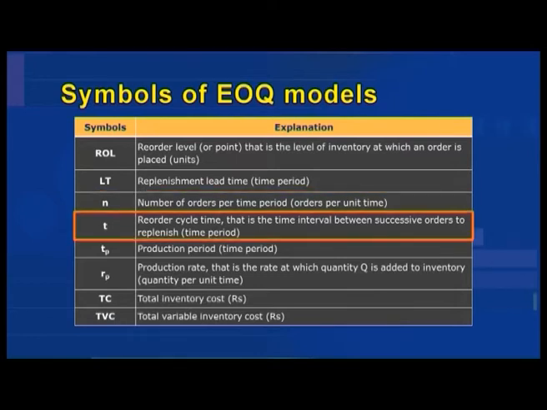T denotes reorder cycle time, that is the time interval between successive orders to replenish, time period. T of P denotes production period, time period. R of P denotes production rate, that is the rate at which quantity Q is added to inventory, quantity per unit time. TC denotes total inventory cost in rupees. TVC denotes total variable inventory cost in rupees.